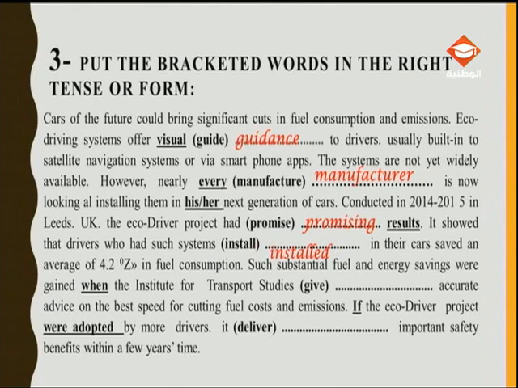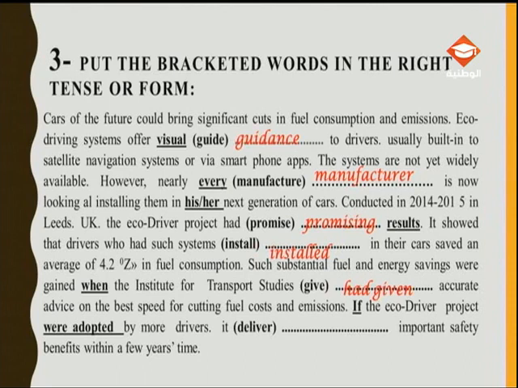Such substantial fuel and energy savings were gained. So it's already in the past. And when the Institute for Transport Studies had given, because the act of giving was prior to gaining, we need to use the past perfect, had given accurate advice on the best speed for cutting fuel costs and emissions.